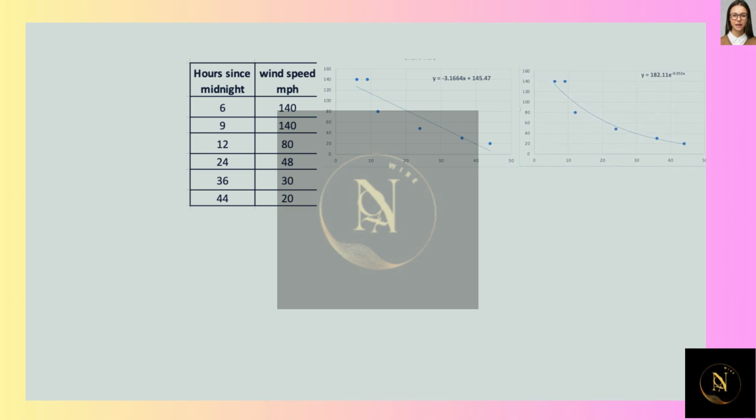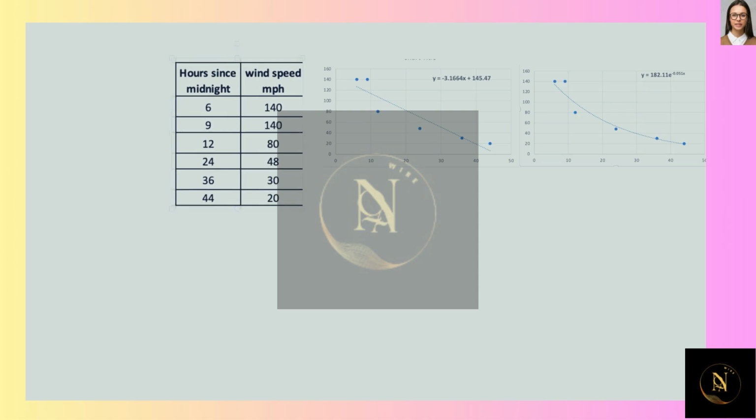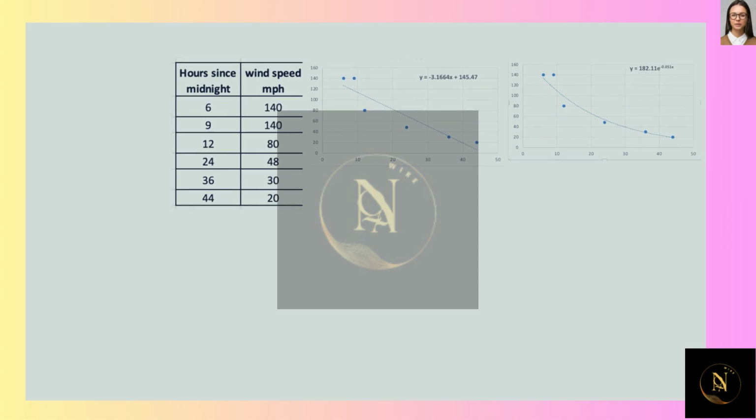And so then it says the following. Let me just move this over so I can make this one the exact same size so you can visually see it. Here we go. All right, so then it says, look at the two models and how well the curve fits the data of your chart. Also look at the predictions for the wind speeds after 20 hours. Which model seems more appropriate and why?